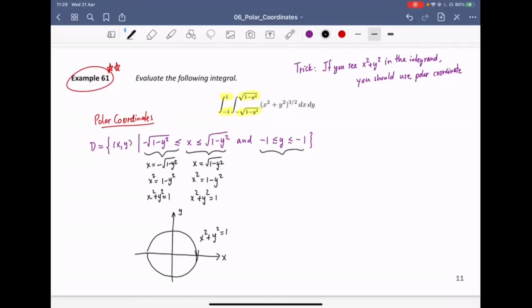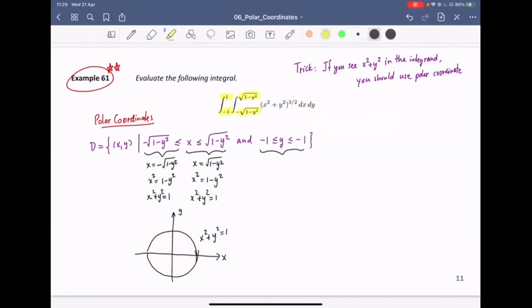If you want to use dx dy here, that means we're going to cut along the x-axis, which means we're going to use horizontal lines.